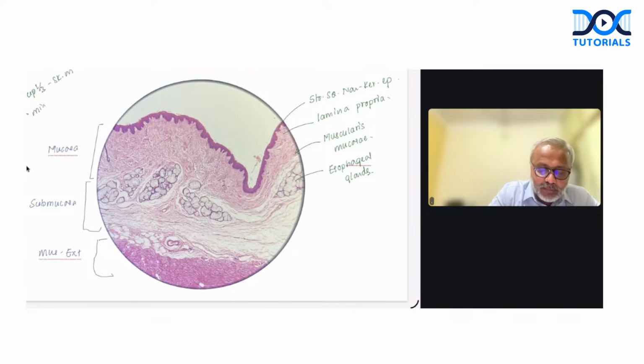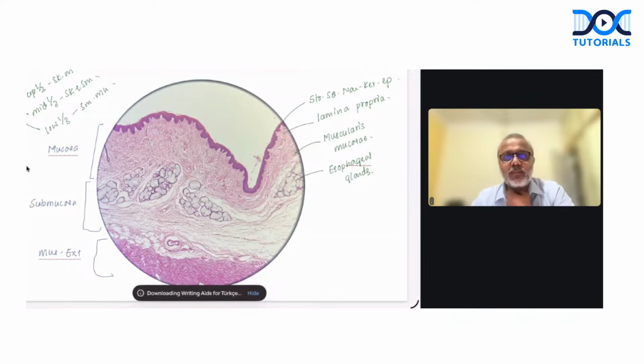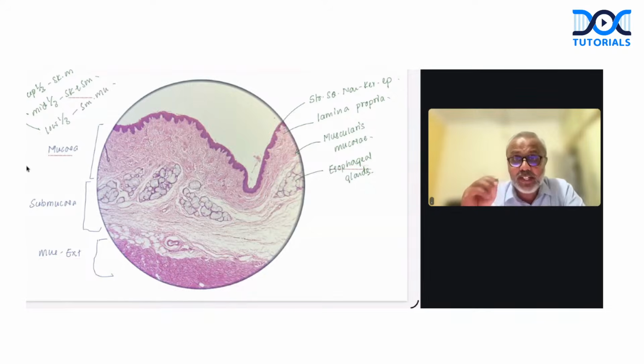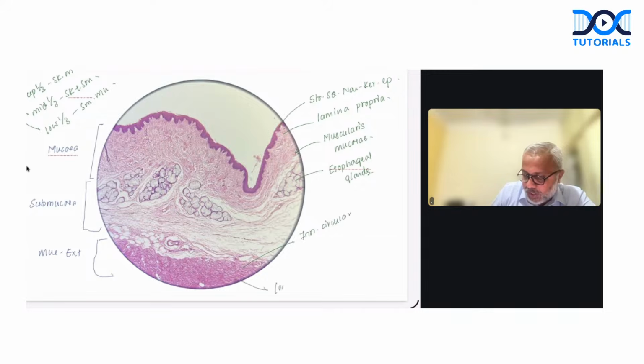In the middle 1/3, it is made up of skeletal plus smooth muscle. Whereas in the lower 1/3, it is made up of entirely smooth muscle. Are we clear? So this muscularis externa is arranged in the form of the inner circular layer and outer longitudinal layer.